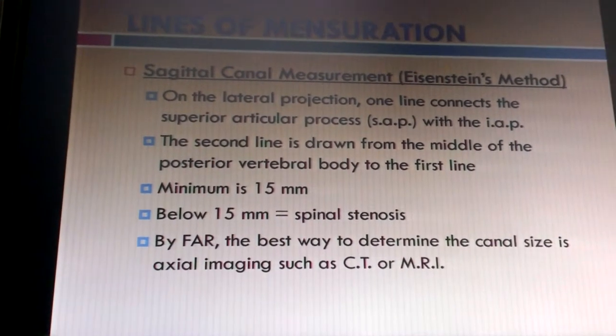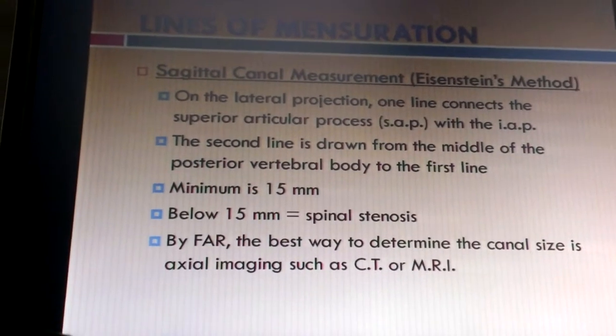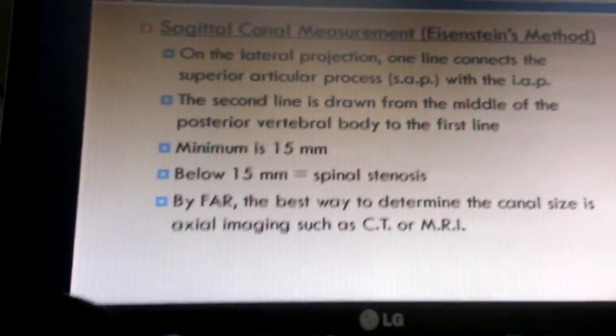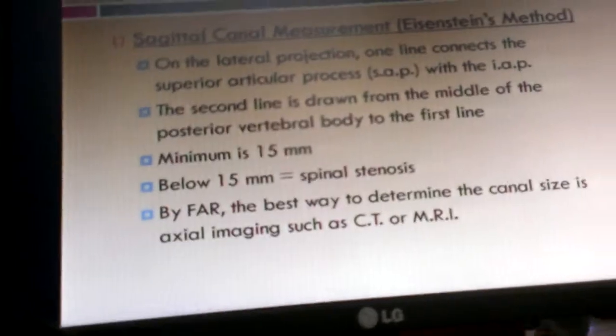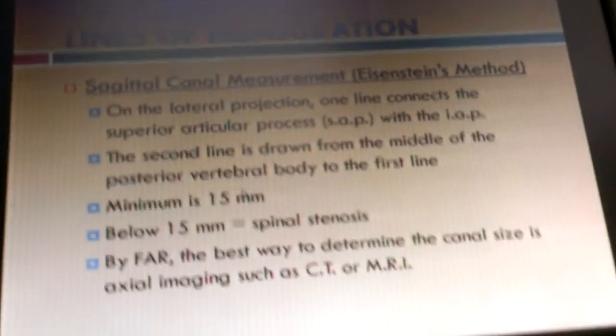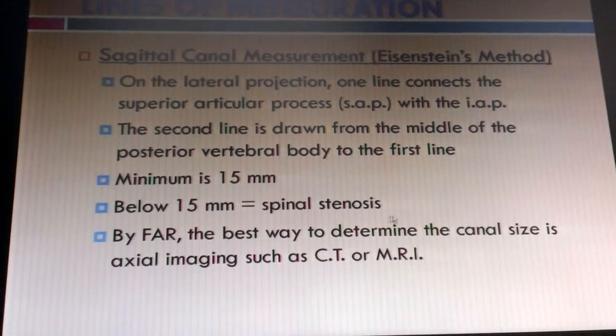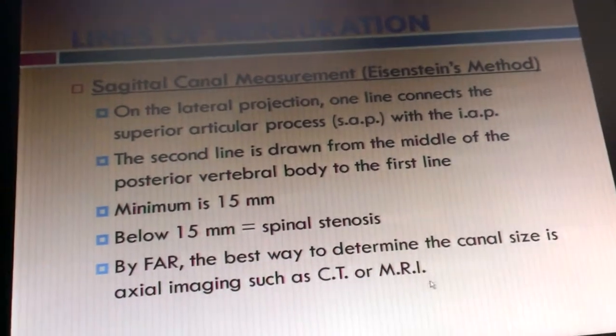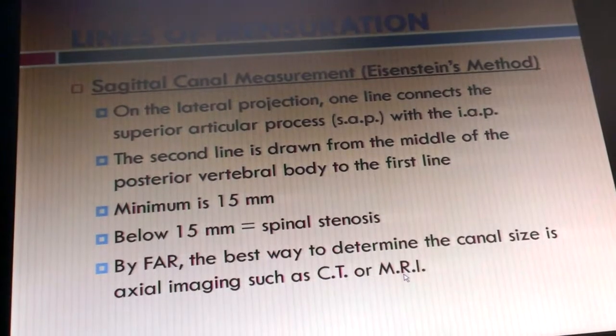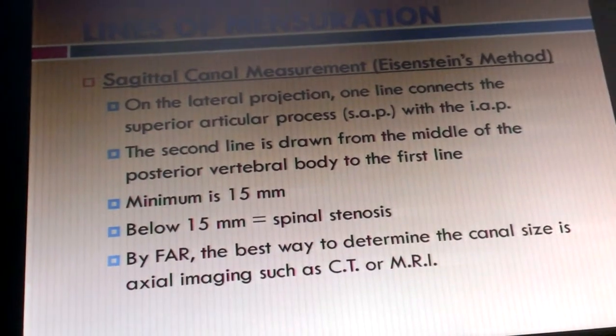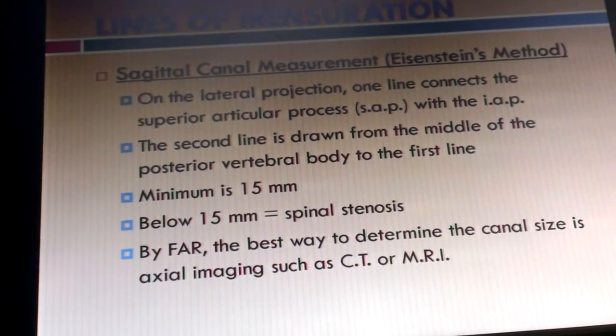Yeah. Here, because the lumbar spine is a little bit bigger, we're talking 15 minimum, so anything below 15 is probably spinal stenosis. And the best way to evaluate that is not Eisenstein's method, but rather CT or MRI.